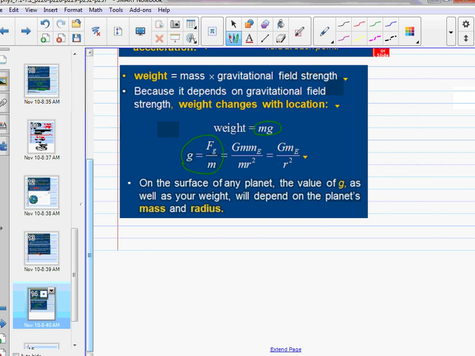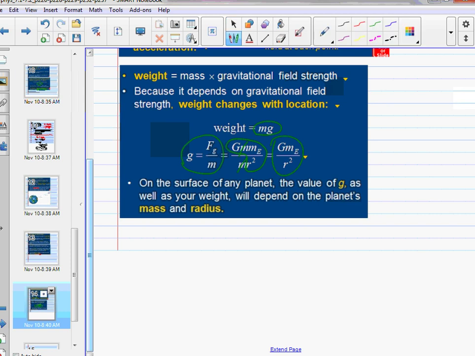And then this is the force of gravity formula right there: mass 1 times mass 2, where mass 1 is your object and mass 2 is the Earth in this case, divided by the radius squared. Well, if I just multiplied it by that mass on the bottom, those masses cancel, and I get this equation.